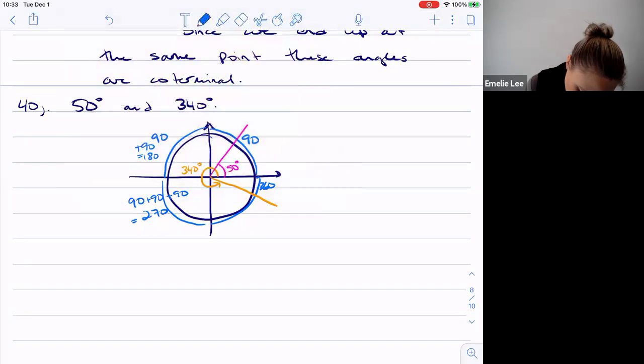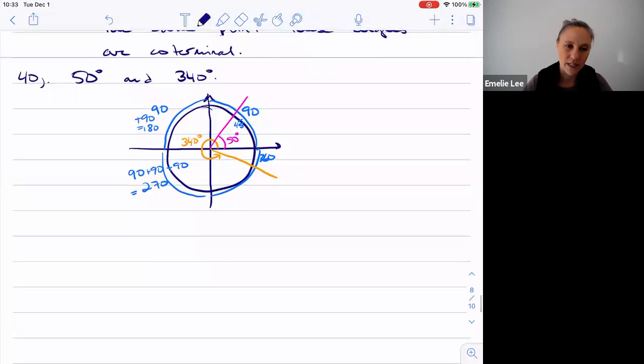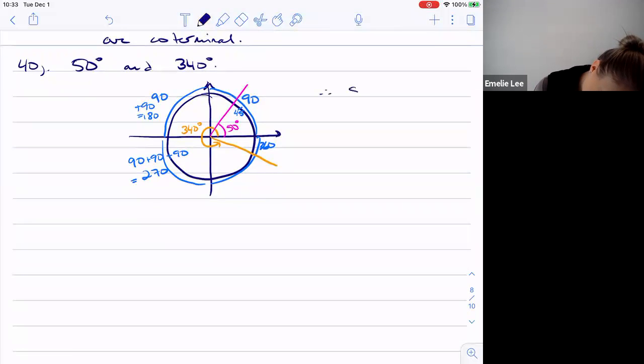I'm just putting in my markers of things I know. 45, then that distance must be 50 degrees. So these are not coterminal, because they don't end up at the same place. Therefore, 50 degrees and 340 degrees are not coterminal.